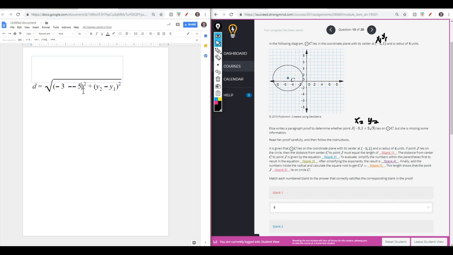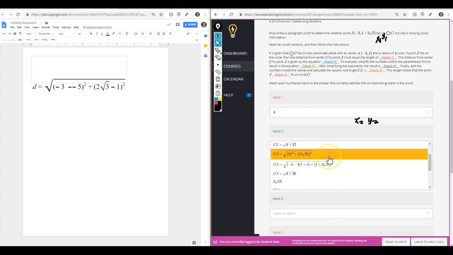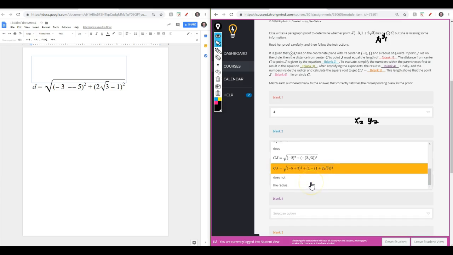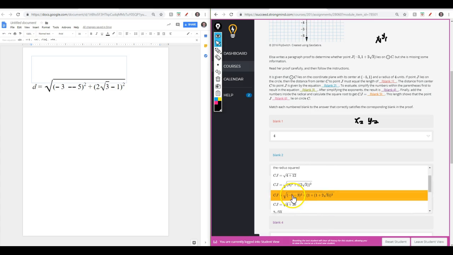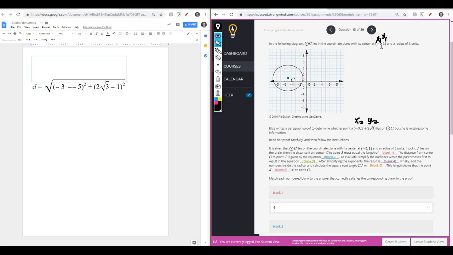And then y2 is 2 square roots of 3, so I'd look for 2 square roots of 3 minus y1, which is 1. So I'm going to scan for that. So CJ or JC would equal, I'm first just scanning for -3, and I notice the -5 is first, which is actually point C being the second one.